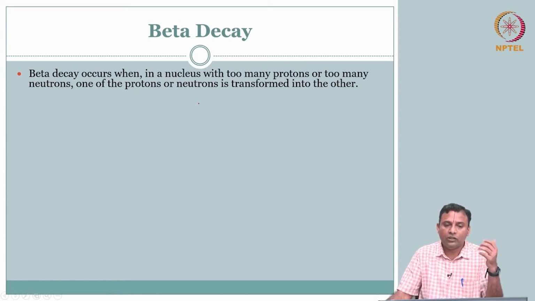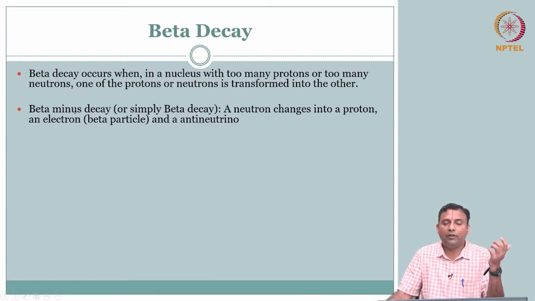When we talked about beta decay, with this rearrangement you can have what is called beta minus decay. This beta minus decay is what is simply talked about as beta decay.